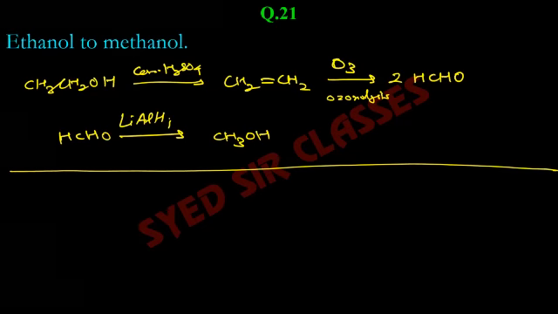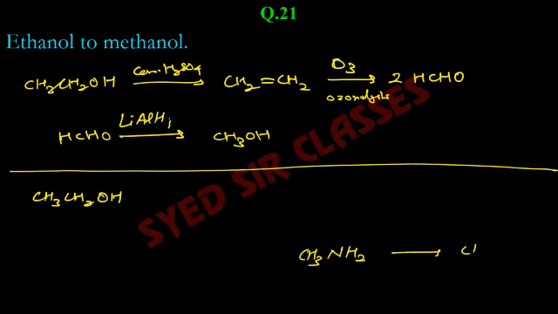We have ethanol, CH3CH2OH, and we have to convert it to methanol. For that, we will first convert it to CH3NH2. I said amide group to amine group means we have to convert it to NH2 group. NH2 group means here we will have CH3, which we will convert to CH3OH after that.